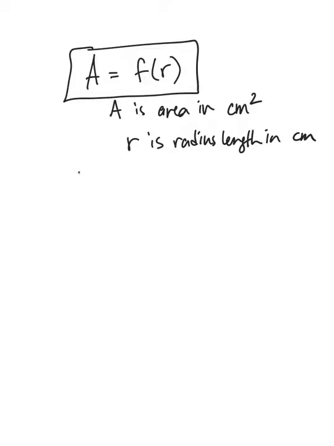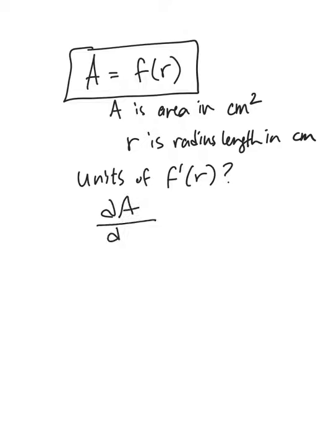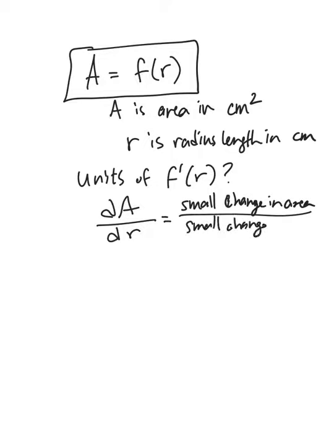If we wanted to know what are the units of the derivative f prime of r, we could use the dy dx, or the change in output, the change in area, over the change in input, the change in radius. So this is a small change in area divided by a small change in the radius length.